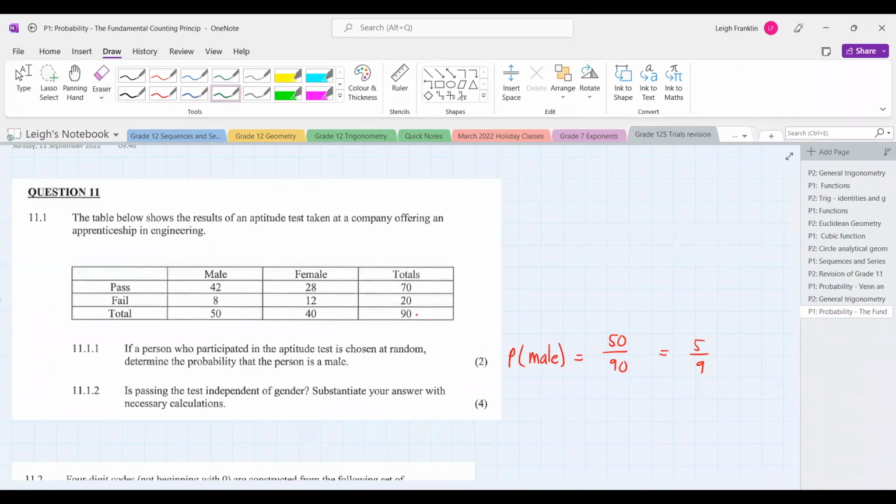And this is not something that's on our formula sheet. This is something that we have to learn. What do you guys think? What do we do here?